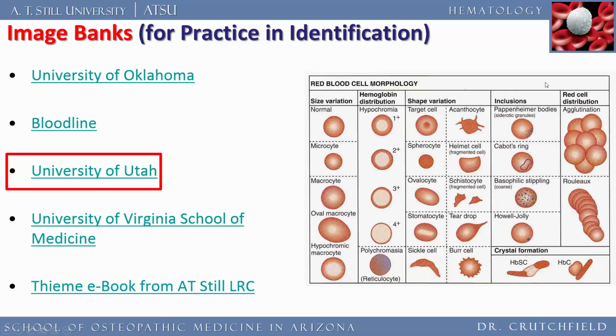So over here on the right-hand side, this is what we talk about when we talk about poikilocytosis of red cells. You go from a normal red cell to a small red cell, to a big red cell, to one that looks oval, to one that doesn't stain as red, to premature types, to a sickle cell that you might see in someone who has sickle cell anemia.